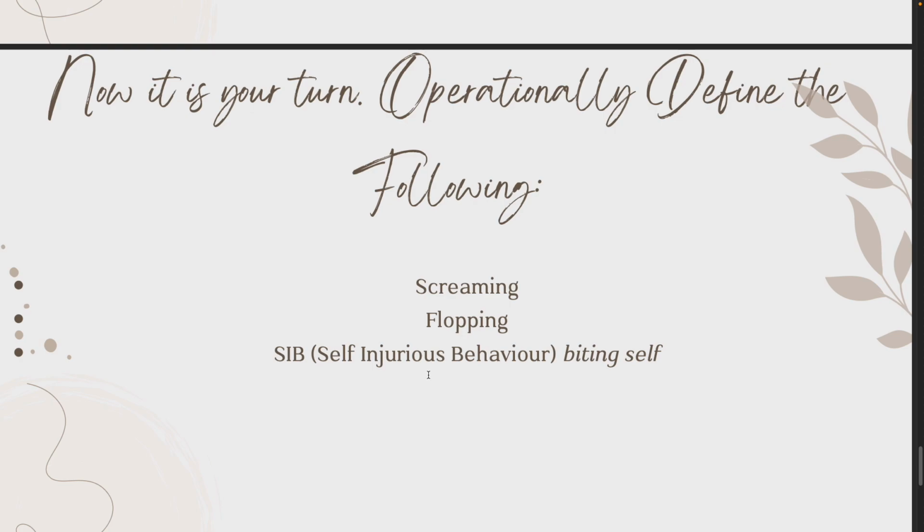So this way we can start to see that operational definitions are not going to be the same. And the way that every person writes them is going to be different, and that's okay. Right? As long as we have the most important components in our definitions, then we can all be correct about it.